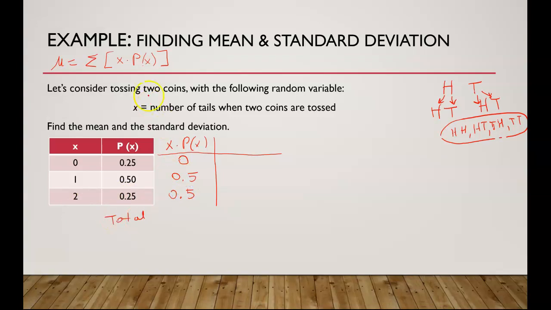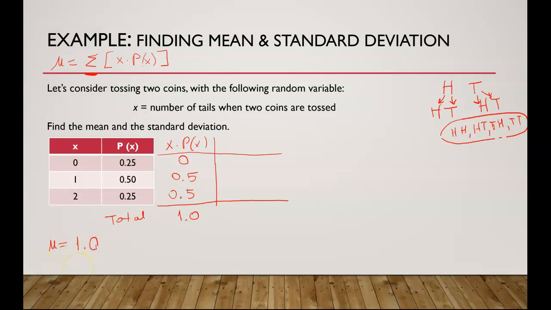Then we need to find the total. That's what this sign means. The sum, which is equal to 0.5 plus 0.5, 1. So the mean of this probability distribution is equal to 1.0.